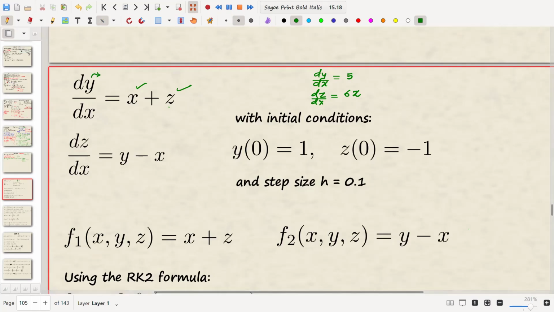Y is not depending on z, and z is not depending on y. That is how coupling works, so you can see this is not a coupled ODE. How many of you understood this, or did not understand? Did not understand. Okay.